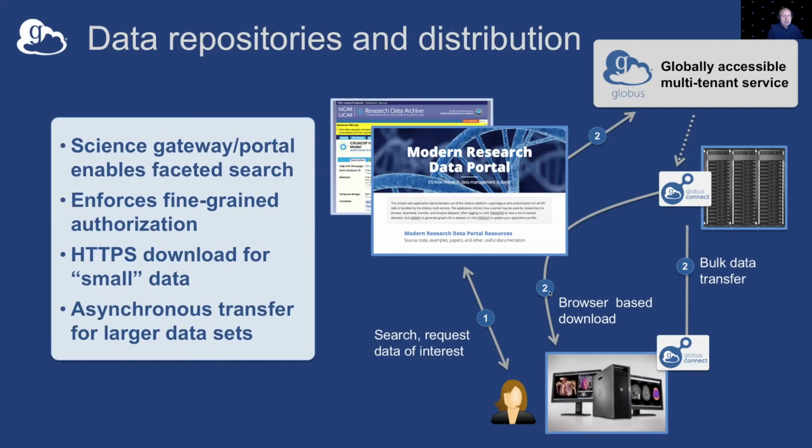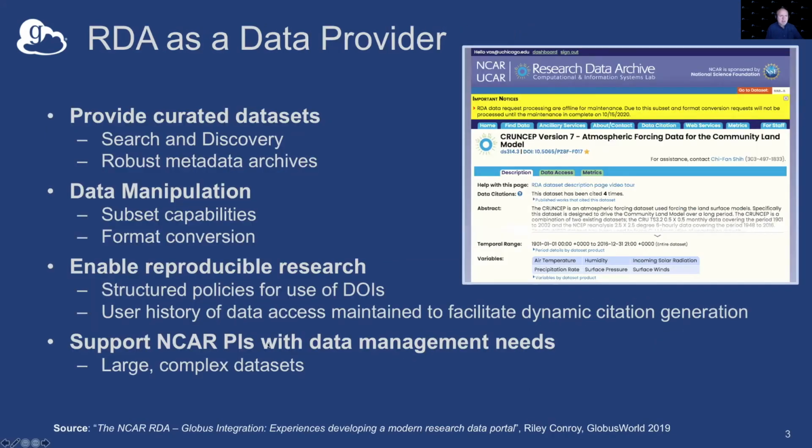So the one example that we talk about quite a bit, and it just so happens it was the first really major one for us, was that of the NCAR Research Data Archive. NCAR, for those not familiar, provides, among other things, reference data for climate research. It's atmospheric data, agricultural data, all sorts of stuff.